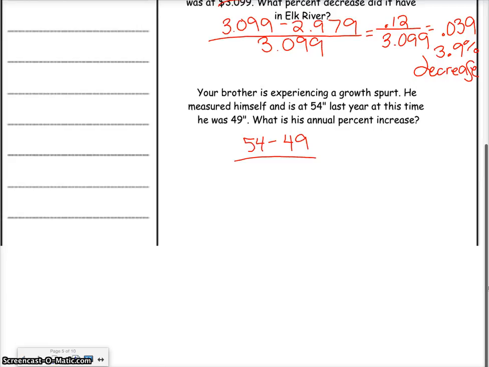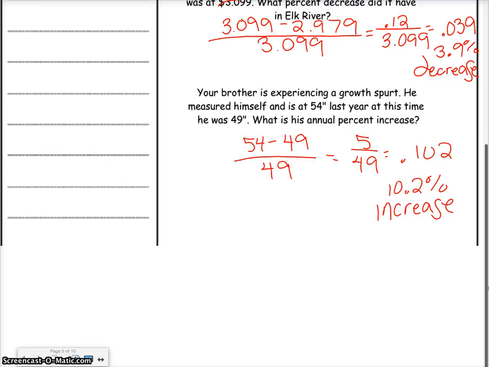So where did the brother start? 49 inches. 5-inch growth divided by where he started at 49, and you get 0.102, so a 10.2% increase in your brother's height. And that's it.